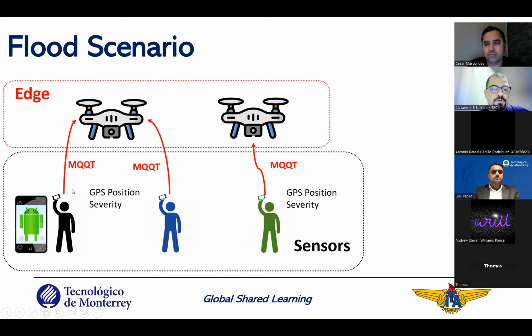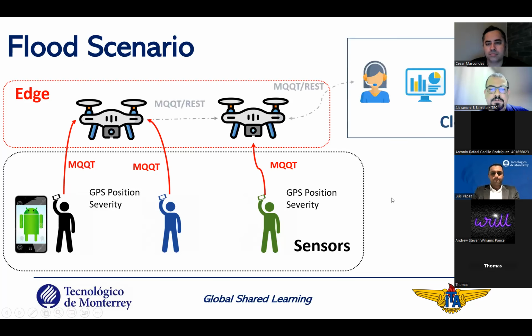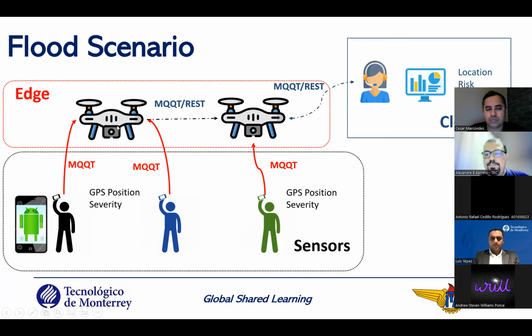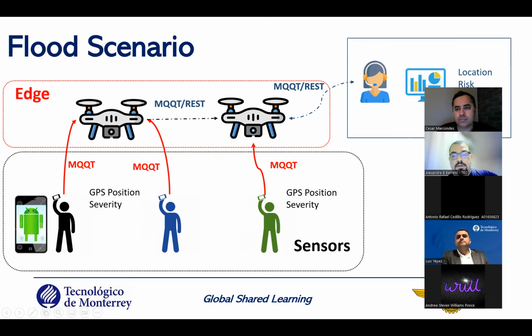And the people, using the MQTT protocol, an IoT protocol, send this information to the drones. The drones work like a bridge and relay this information to a command and control center that provides a dashboard and other applications for planning the operations and defining where to send the rescue team.